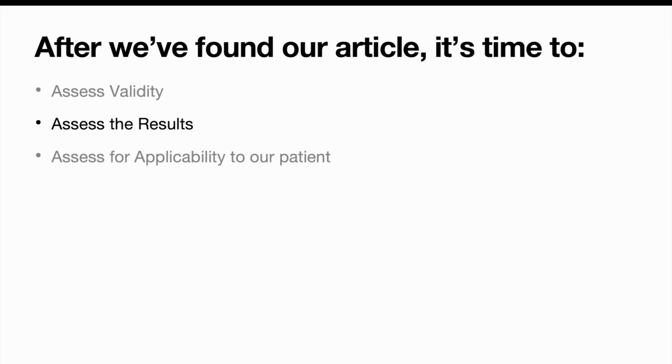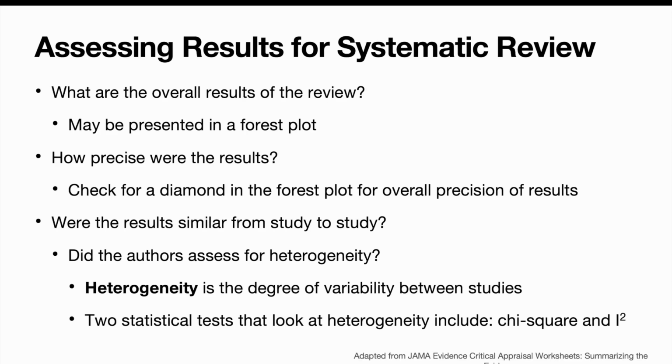So after we have assessed validity, we have to assess the results. And when we're assessing the results for a systematic review, we have some questions that we want to ask. We want to ask, what are the overall results of the review? These may be presented in a forest plot. We want to check how precise were the results, and we need to look for a diamond in the forest plot for overall precision of results. Were the results similar from study to study?